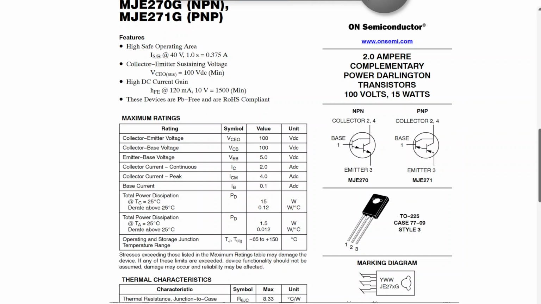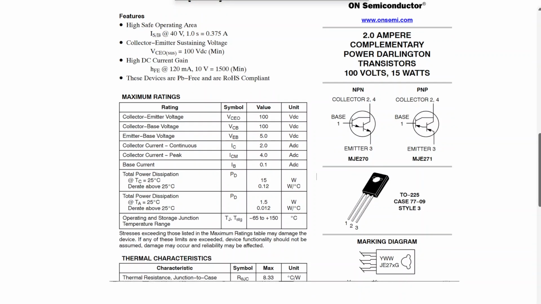So in this case, we care about the MJE270 from onsemi.com. This Darlington transistor has a tolerance for the max VCE of 100 volt, which is more than what we need here. And it can also tolerate 15 watts, assuming the proper heatsink. Otherwise, we need to be careful.